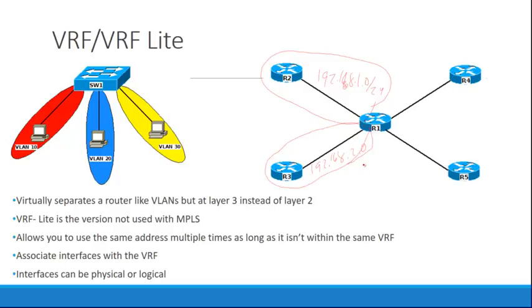Remember I said I was going to put these two in the same VRF instance, and I'll put these two in the same one. Since they're separate tables, I can actually reuse these subnets. Now within the VRF, I wouldn't use the same addresses, but between them, here and here, I can use the same set of addresses over and over again because they're comprised of separate tables.